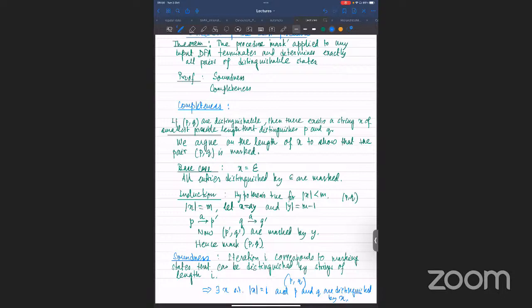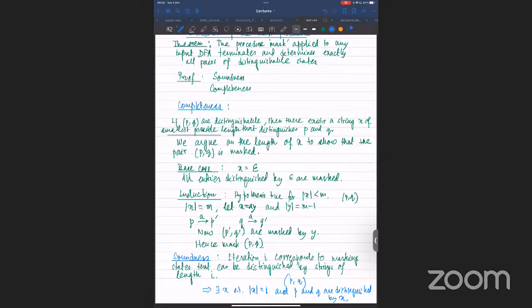Correct? So this is the soundness: if the mark procedure marks a pair of states, then this pair of states are indeed distinguishable. Clear? This is the soundness idea. We have seen similar things, so you should be able to write this out formally.